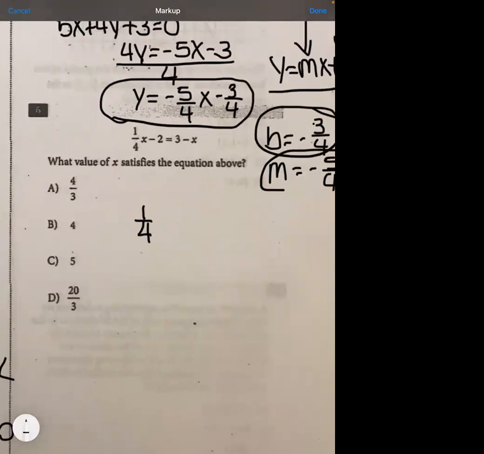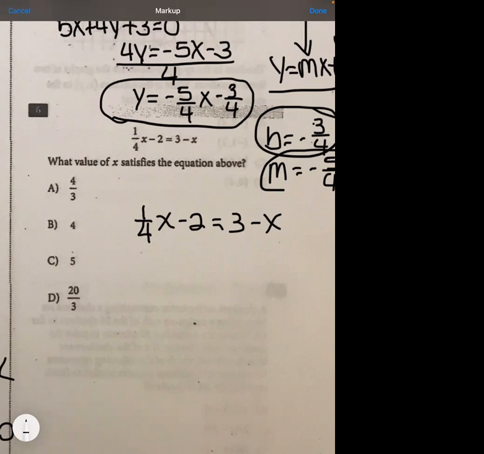So for this question number 6, all we need to do is solve for x, right? When they give you a value with a fraction, you have to try your best to take out that fraction. In this case, we have a fraction of 1/4.